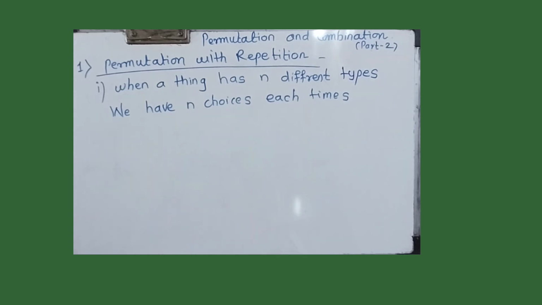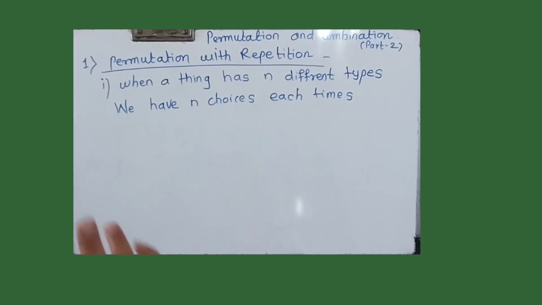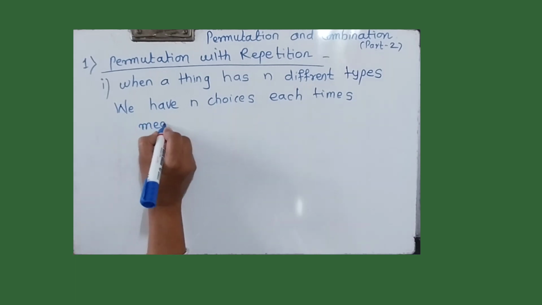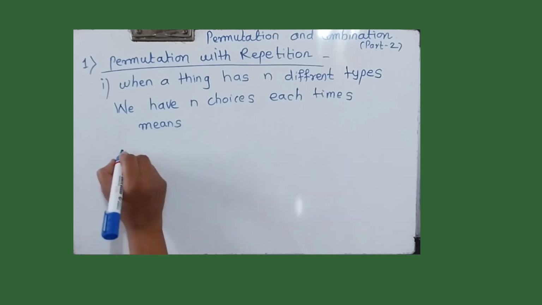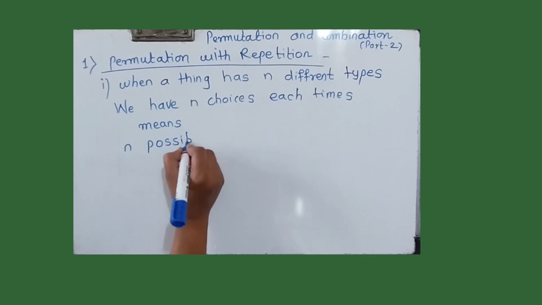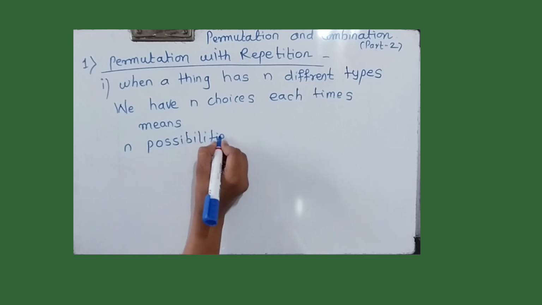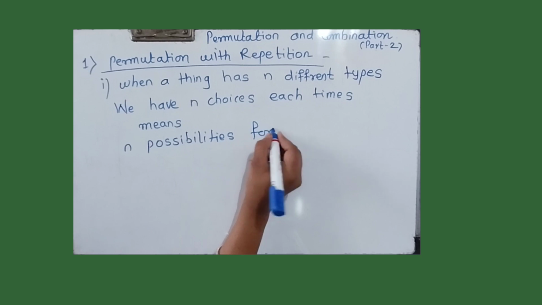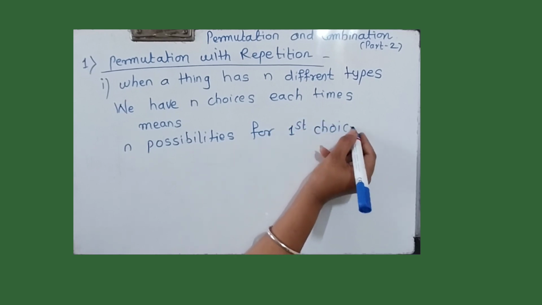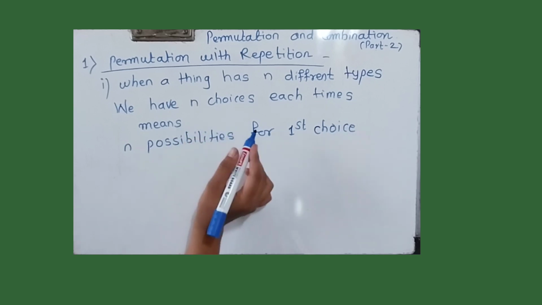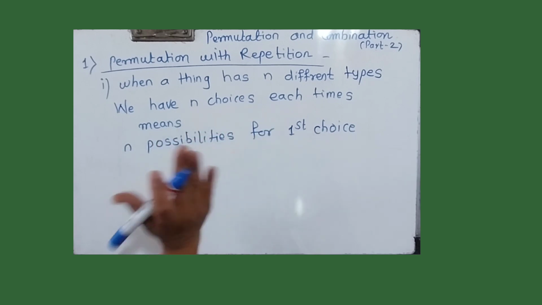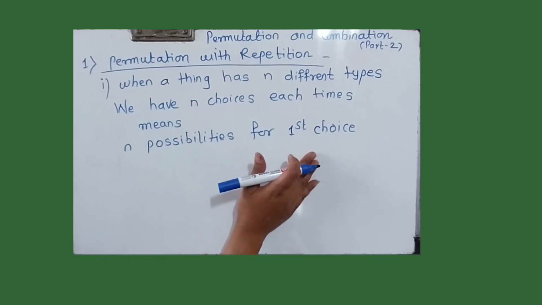Carefully, it means n possibilities. We have n objects, so n choices each time, n possibilities for the first choice.